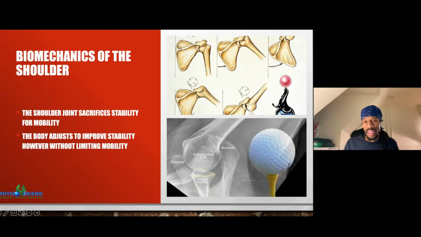So sorry, that would be the head of the humerus, and then that will be the scapula. It's basically just showing an analogy of it. It doesn't have a lot of stability on its own.